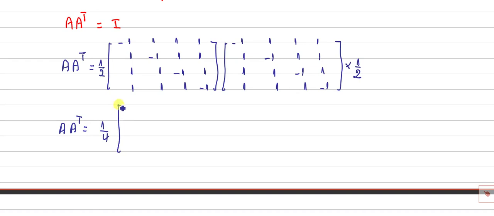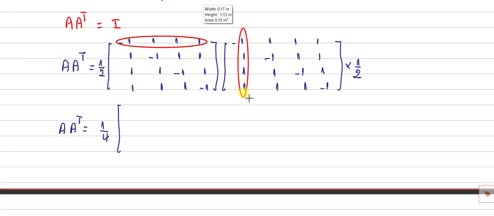And we take this row, for example. I take row 1 with column 1. So minus 1 times minus 1 is 1, plus 1, plus 1, plus 1, four times is equal to 4. So this one is 4.